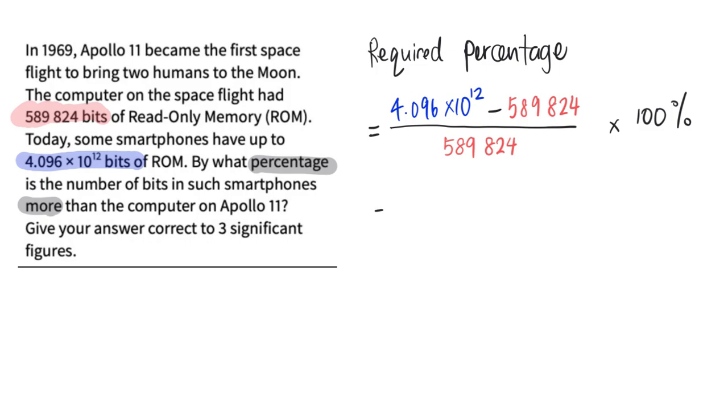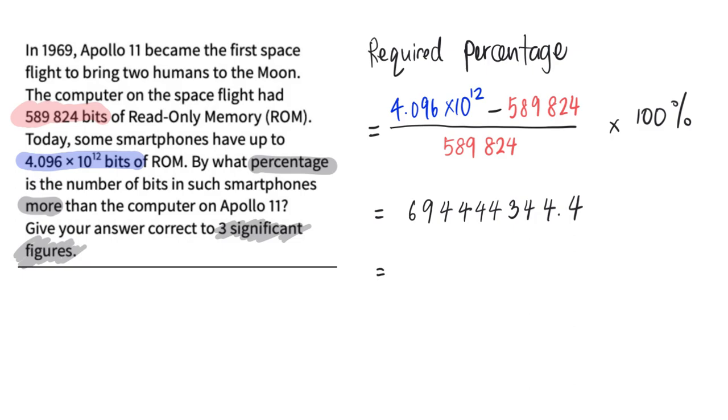All right, and this will give me a value of 694444344.4. The final answer is to be left in 3 sig fig. And better still, if we could leave our answer in standard form, we will do that.